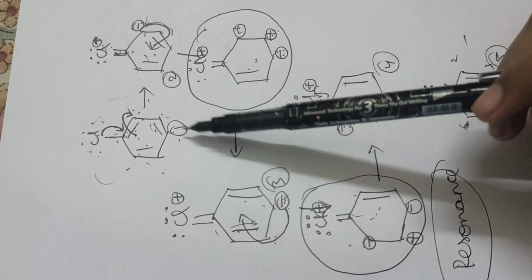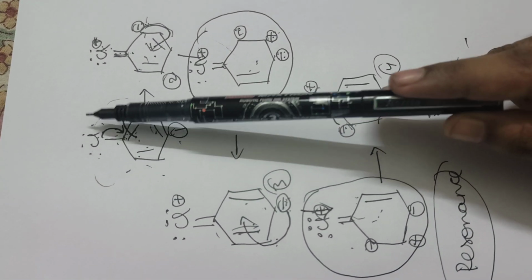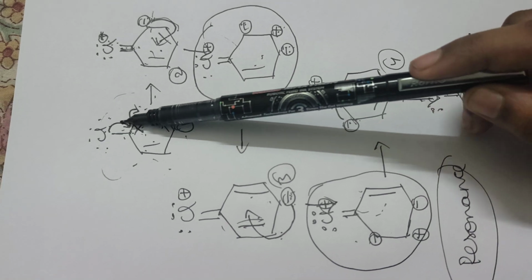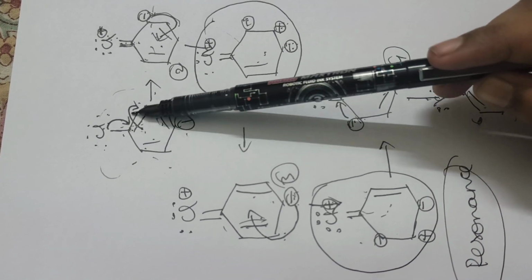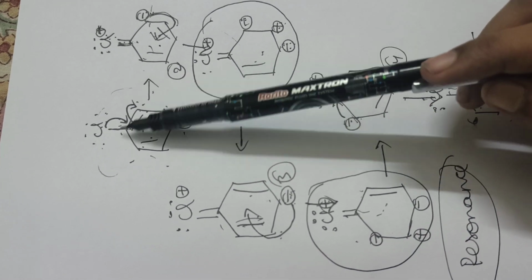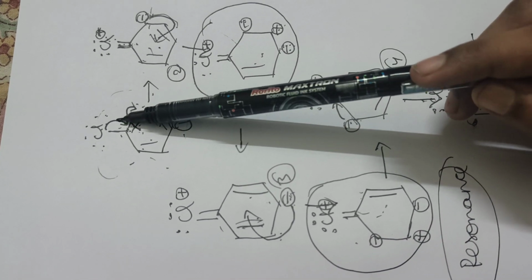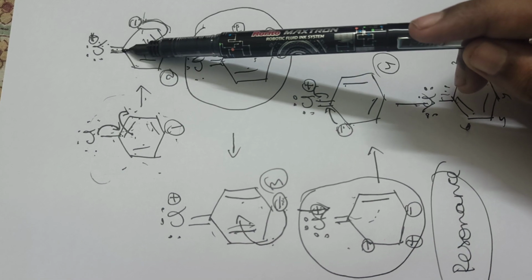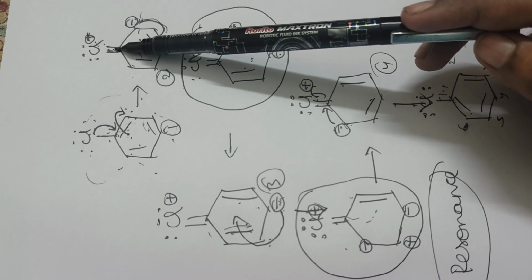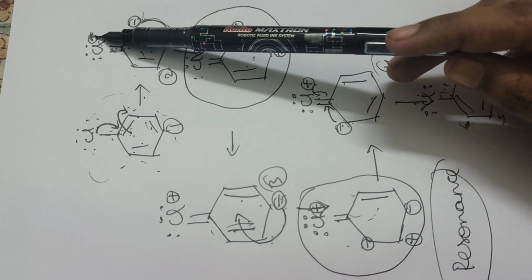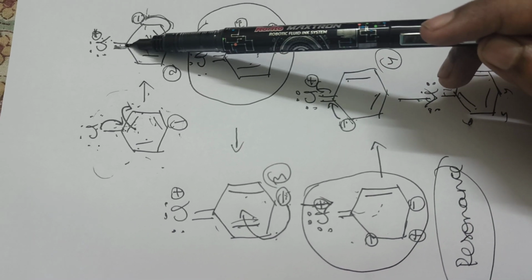So what happened? Let's go through it again. Chlorine had 6 electrons in total. This arrow doesn't represent movement of 1 electron. It represents movement of 2 electrons. Of that, 1 electron is being used to form a covalent bond between this first carbon and chlorine. So 1 electron is being shared and the other electron is completely transferred to this carbon.